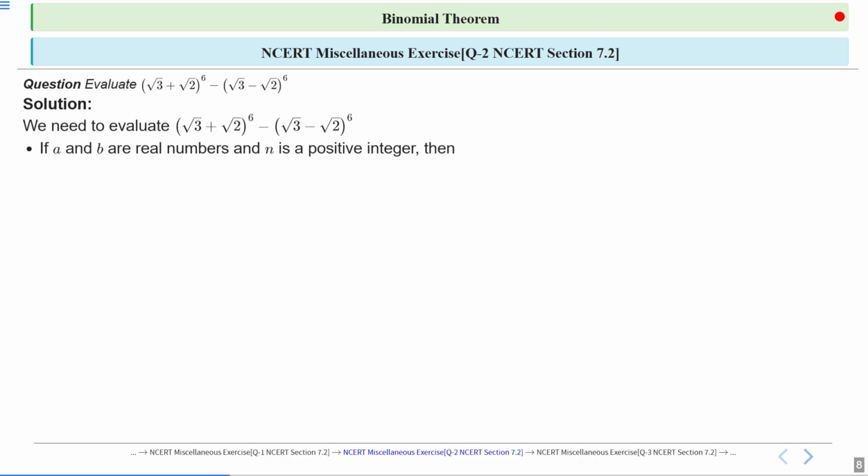So if a and b are real numbers and n is a positive integer, then we can expand (a plus b) to the power n using a specific formula. Okay, so we will see that now.